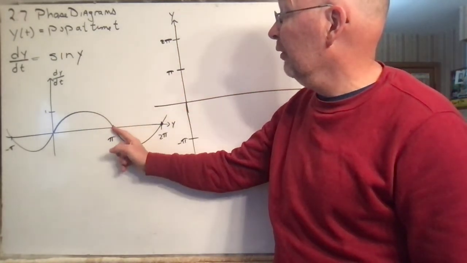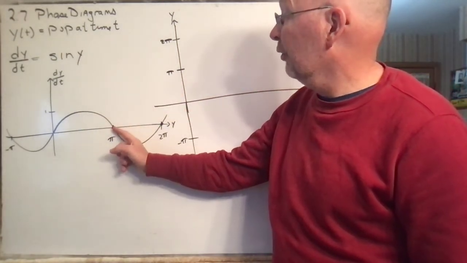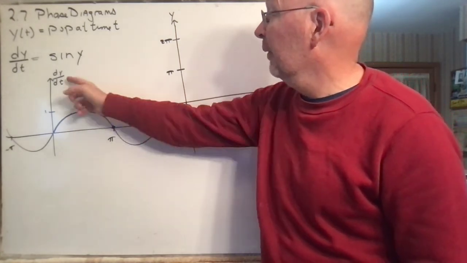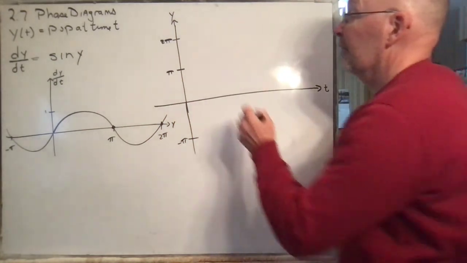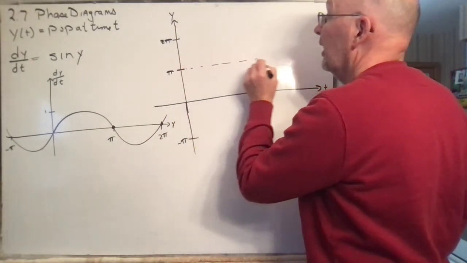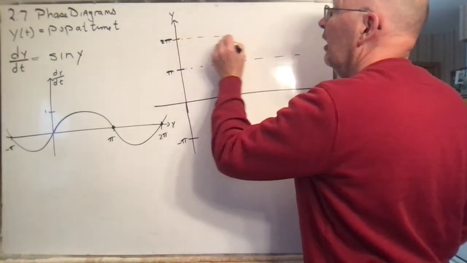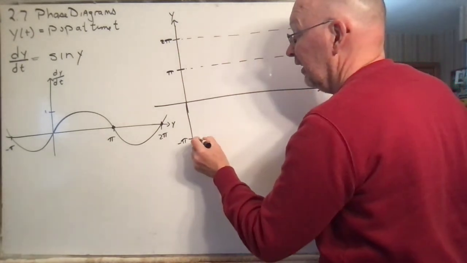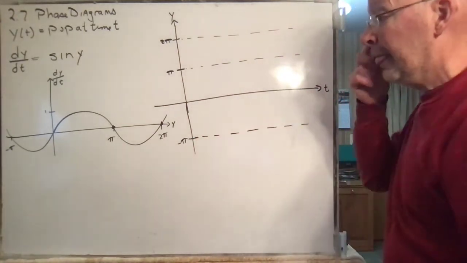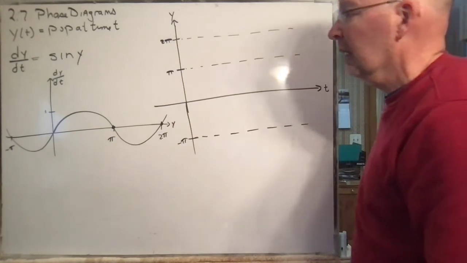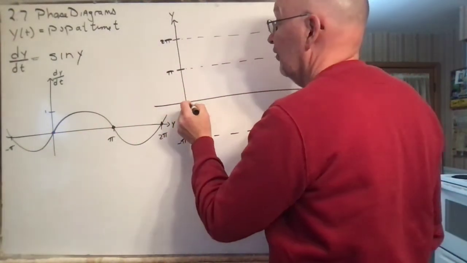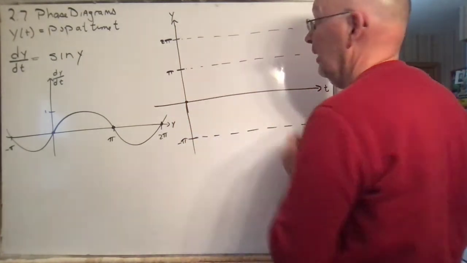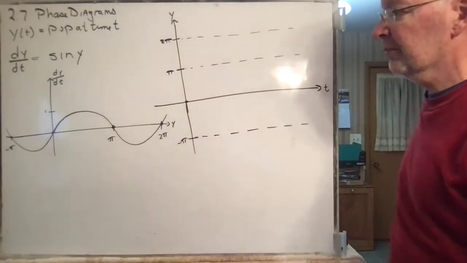If the derivative is 0, that means y isn't changing. So if you start at pi, you stay at pi. If you start at 2 pi, you stay at 2 pi. If you start at negative pi, you stay there. If you start at 0, you stay right there. So those are all fixed points.